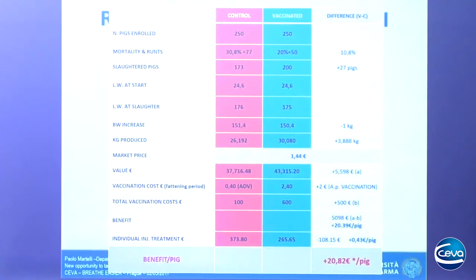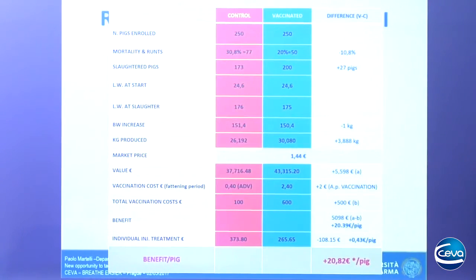The difference is in value. The vaccination cost, of course, as expected, in the Actinobacillus vaccinated animals, we have a higher cost for vaccination, roughly €2. The total cost of vaccination, and at the very end, the overall benefit and the cost for the medication, for the injection differences, the mobility, and at the very end, the benefit per pig has been calculated to be around €20 per pig, okay?